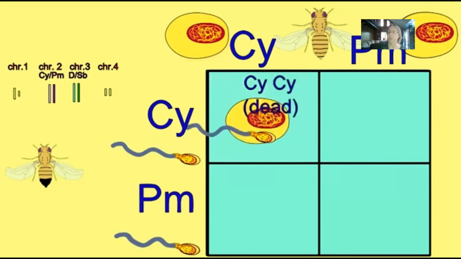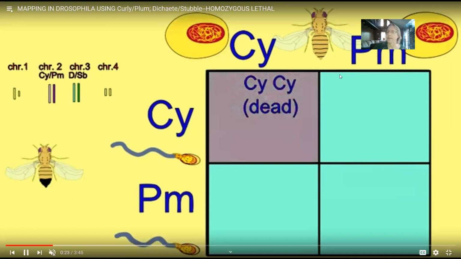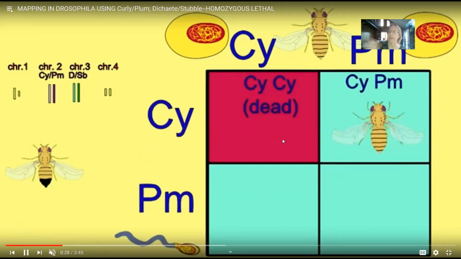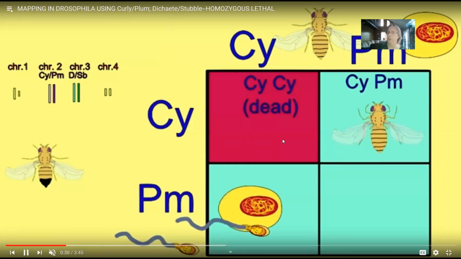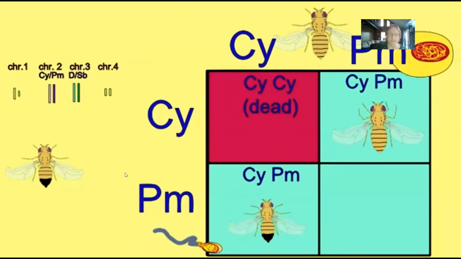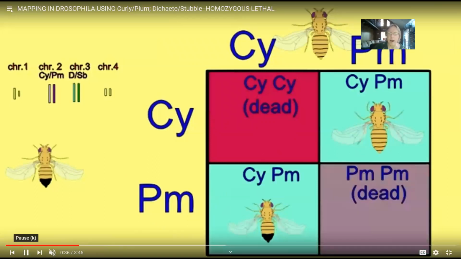I can always make sure that curly is on one of the chromosome 2s, plum is on the other chromosome 2, and they're never on the same chromosome. Well, how can you be sure of that? Because these lines that you got from the stock center are inversion chromosomes. And so when crossing over occurs during meiosis, the product chromosomes are so bad, because they have extra genes, missing genes, etc., that the embryos fail.